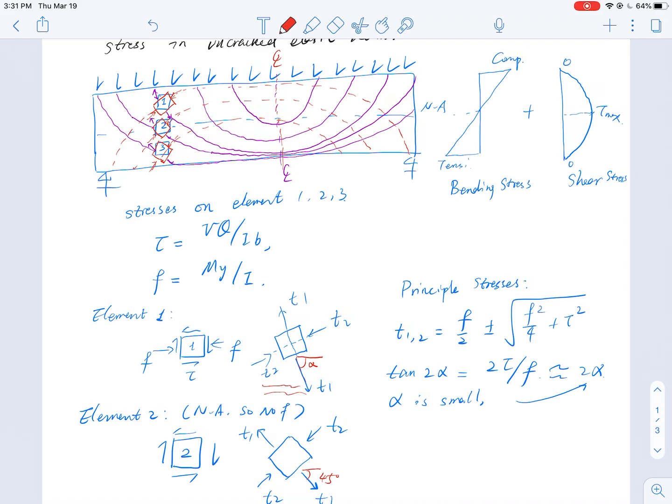Okay, so we call the solid line the trajectory of tensile stress. And the red, the trajectory of compressive stress.